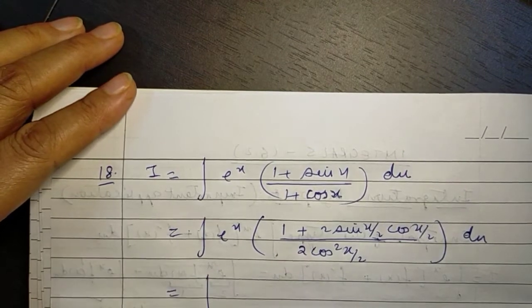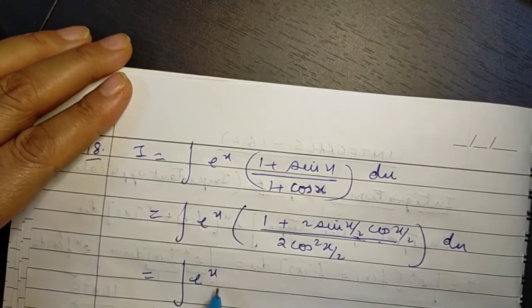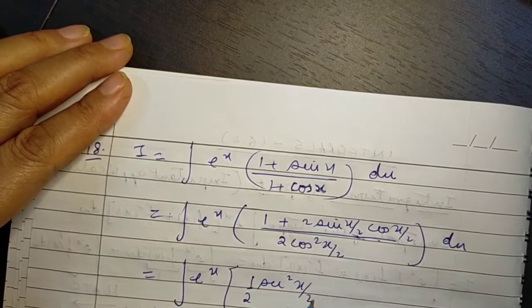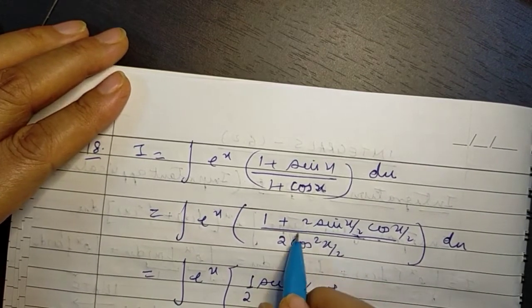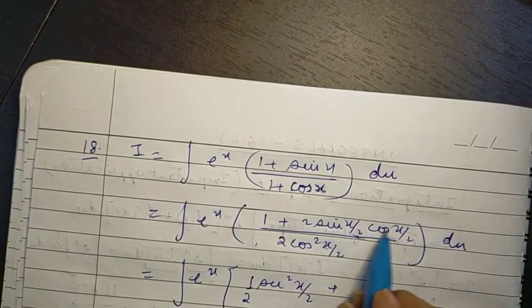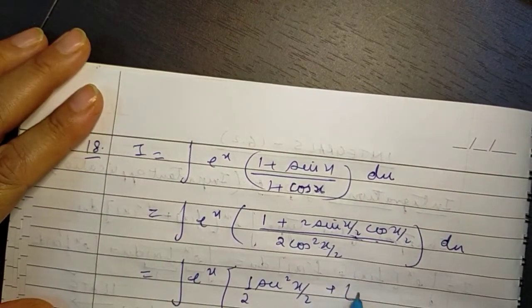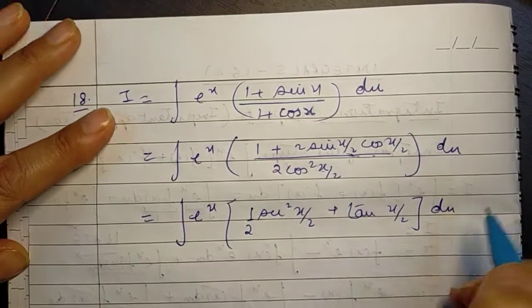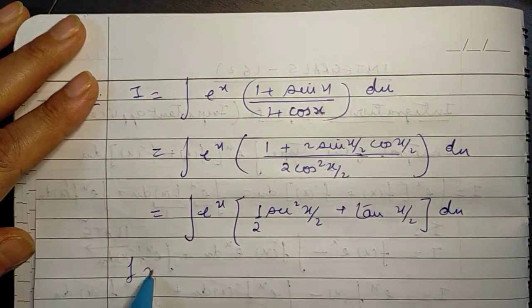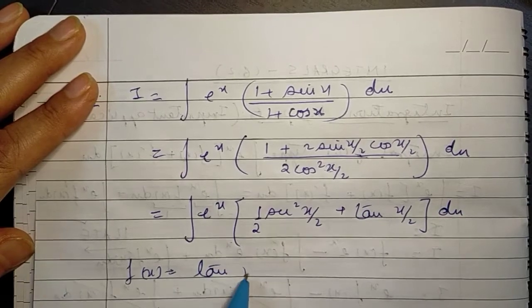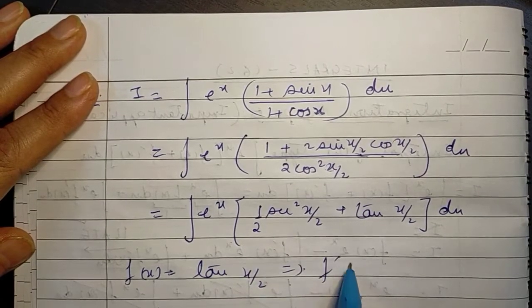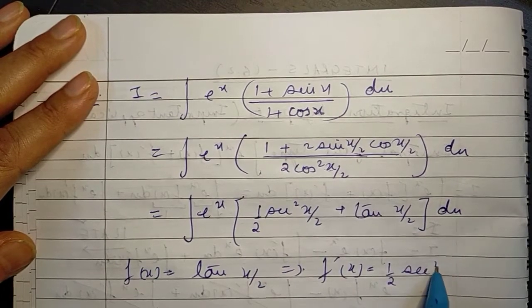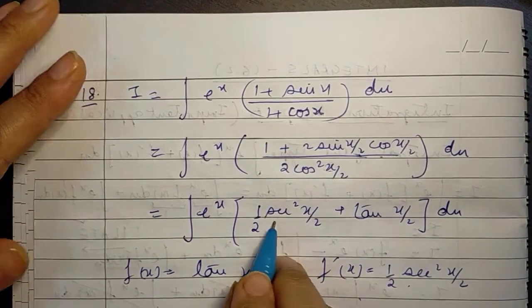So simplifying it further, we get e raised to x times (1 upon 2 sec squared (x by 2) plus this 2 gets cancelled, cos by cos gets cancelled, and we are left with tan of x by 2) into dx. Now if we put f(x) as tan of x by 2, we get f'(x) will be half sec squared (x by 2), which is this function.